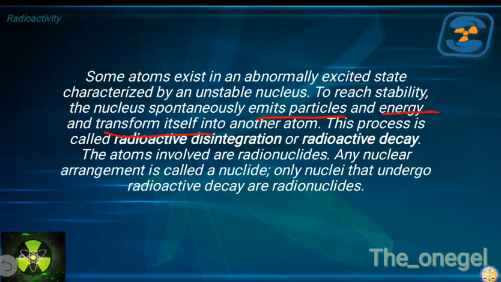Radioactivity is a form of emission of energy, that is why it is called radioactive. Not all atoms undergo radioactivity, only those that are in an excited state, because the other atoms are already stable. So, only radionuclides undergo radioactivity.